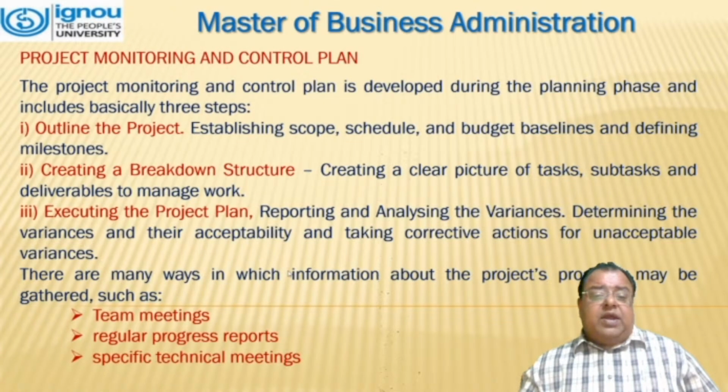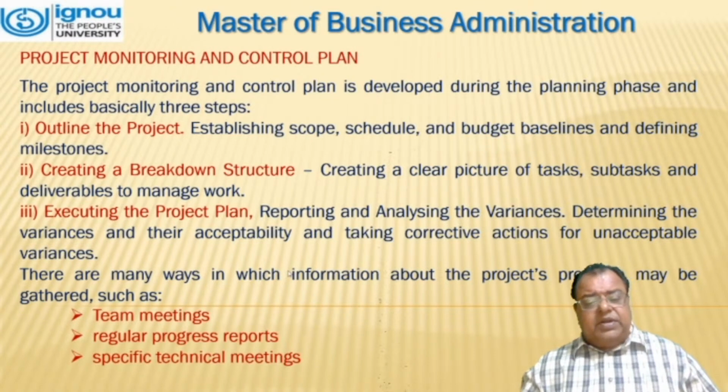Project monitoring and control plan. The project monitoring and control plan is developed during the planning phase and includes basically three steps. First one is outlining the project, that is, establishing scope, schedule, and budget baselines and defining milestones.